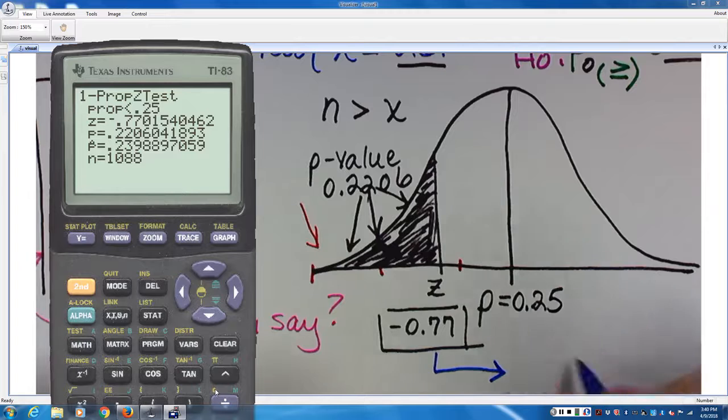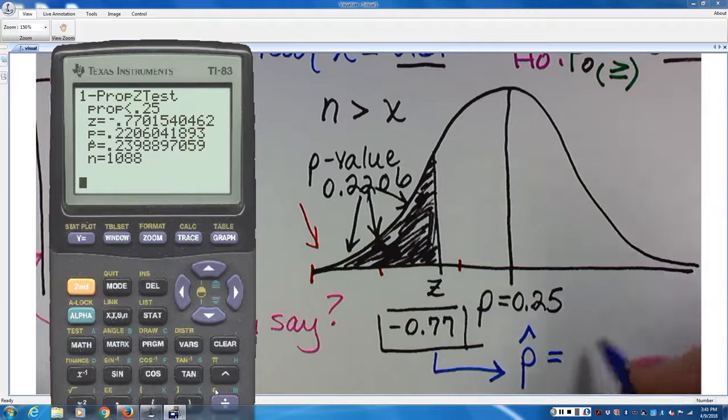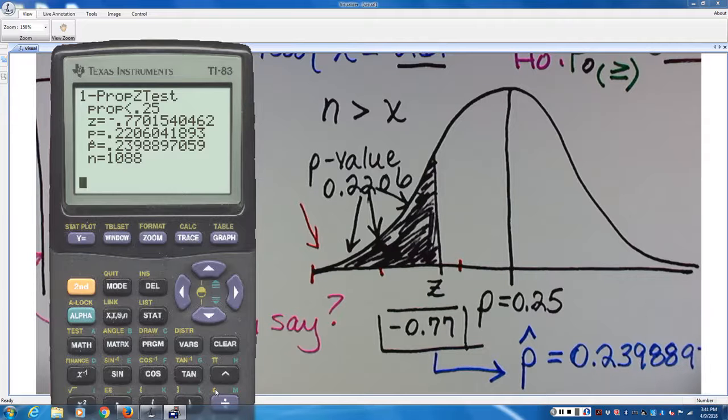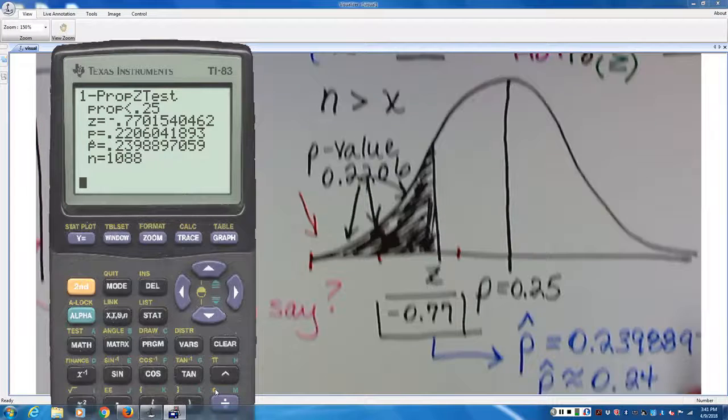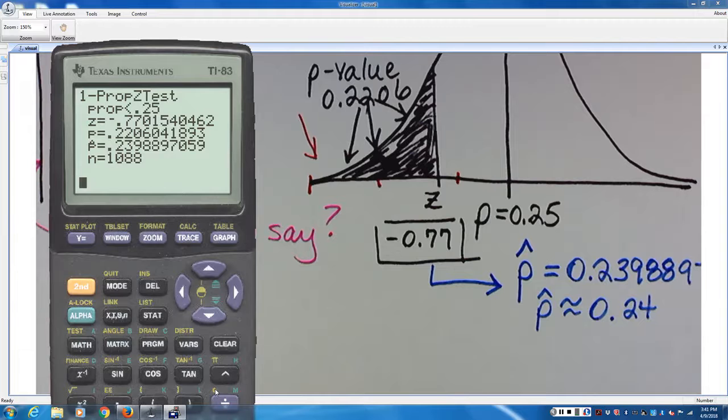That Z value corresponds to a sample proportion, which is called a test statistic, because it comes from a sample, it's a statistic, and we're using it to test a hypothesis. So that p-hat value comes from the sample, and what you see there is that the p-hat value actually is less than 0.25, but not much.